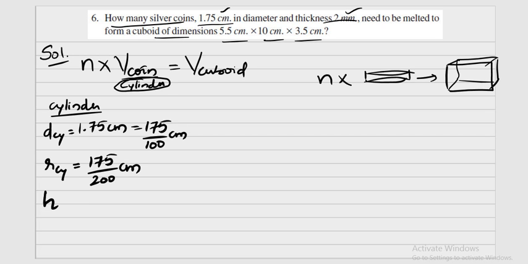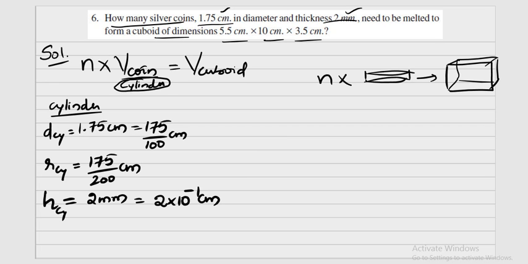Next, height or thickness. The height of the cylinder is 2 millimeters. So 2 millimeters means 2 into 10 power minus 1 centimeter, right? Because 1 centimeter is equal to how many millimeters? 10 millimeters, right?